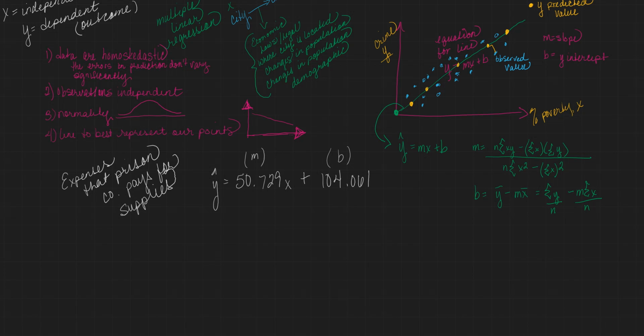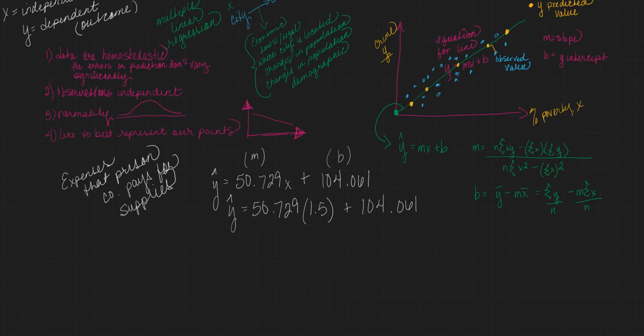So what we do is essentially we're just going to plug in the regression equation to see how things change. So y hat is going to equal that 50.729 times 1,500 plus that initial 104.061.